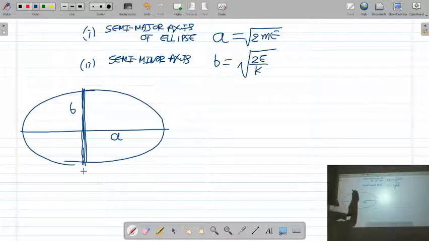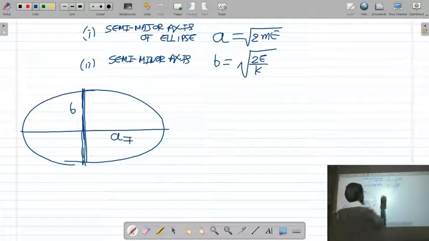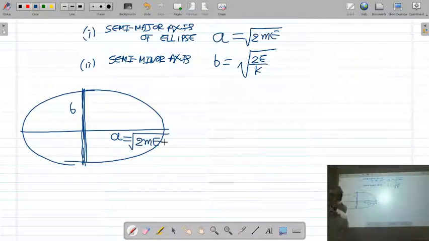The shorter axis is called the minor axis. Its total length is 2b, so b is called the semi-minor axis. So what is the length of the semi-major axis? Under root 2mE.